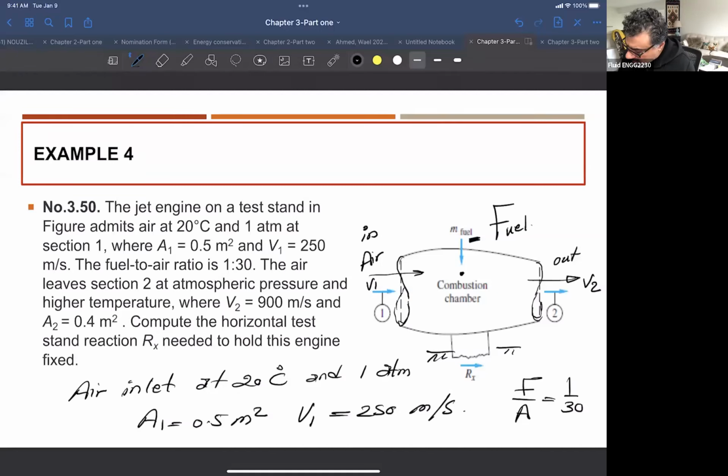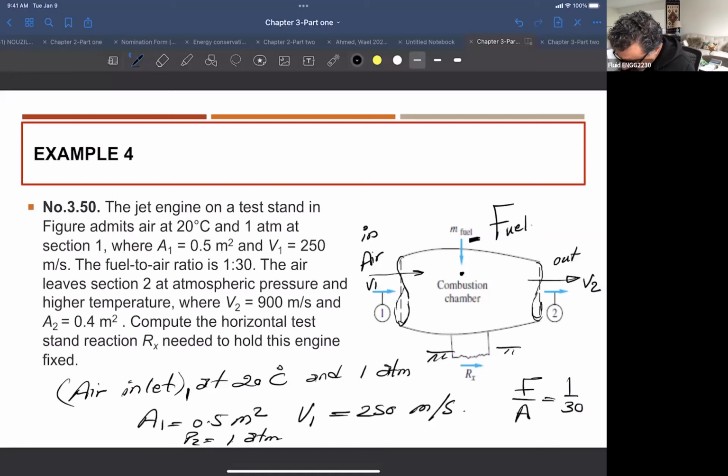So the air leaves section 2 at atmospheric pressure. So the pressure P2 is 1 atmosphere, because this is a lab, right? So we are just working with atmospheric pressure and higher temperature.